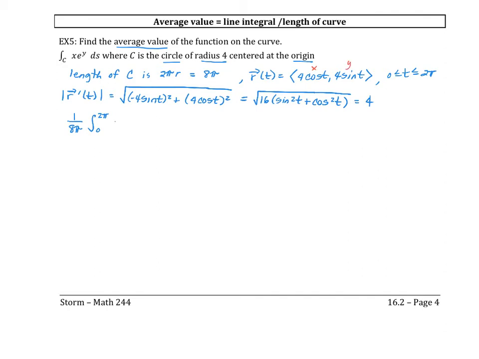So this becomes 4 cosine of t e to the 4 sine of t multiplied by my 4, my Jacobian, dt.